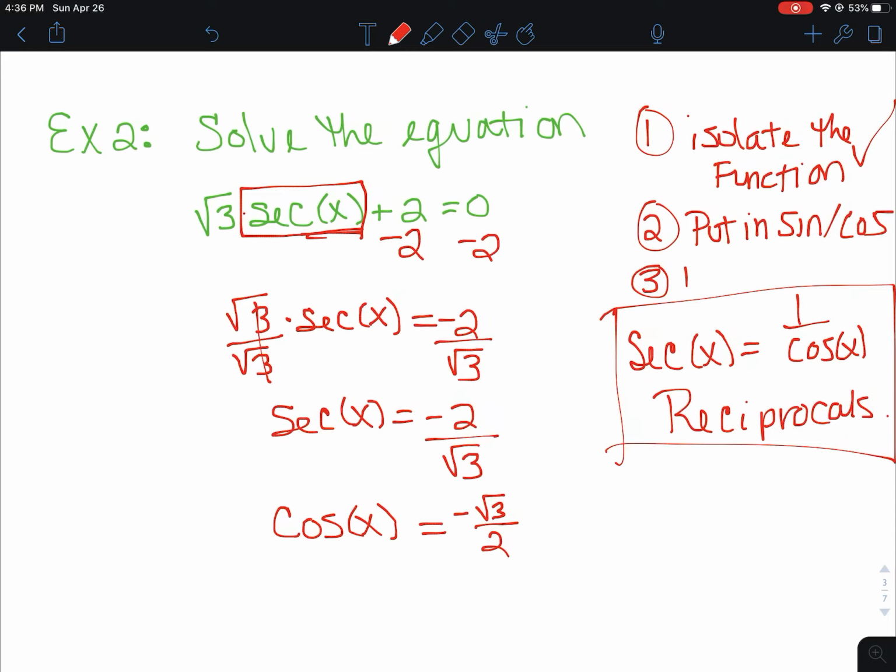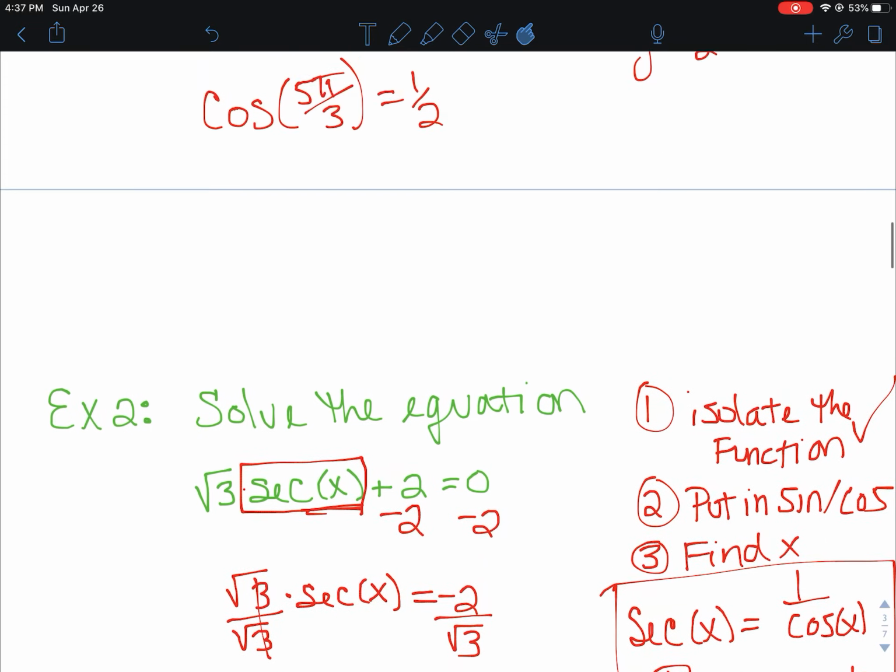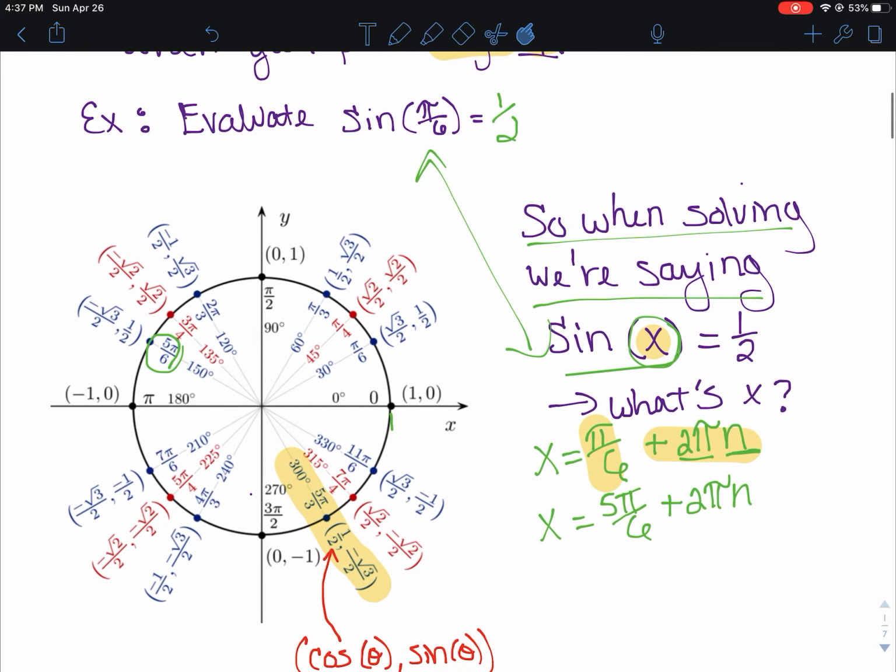Now what we have to do is find the angle, or find x. So if the cosine of x is equal to the negative square root of 3 over 2, we want to know what x equals. So let's go to our unit circle, and we have to look for negative square root of 3 over 2 as the cosine.